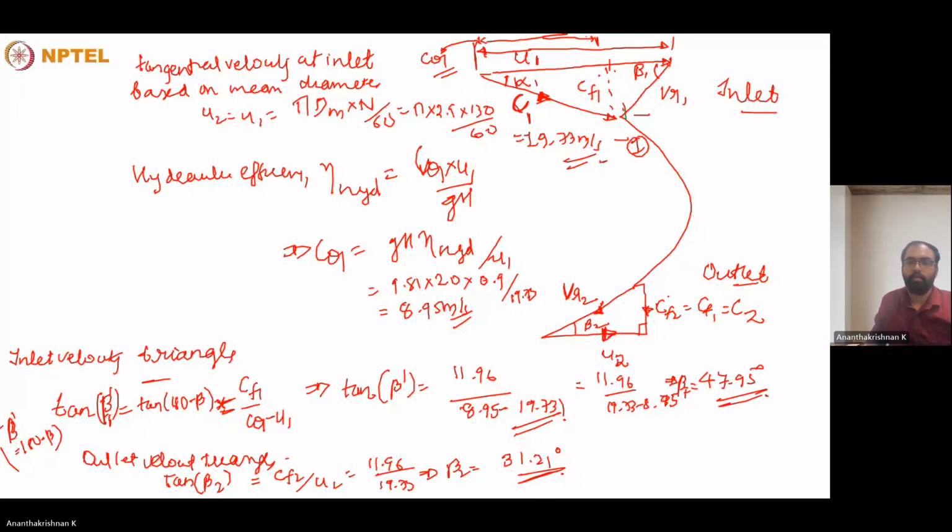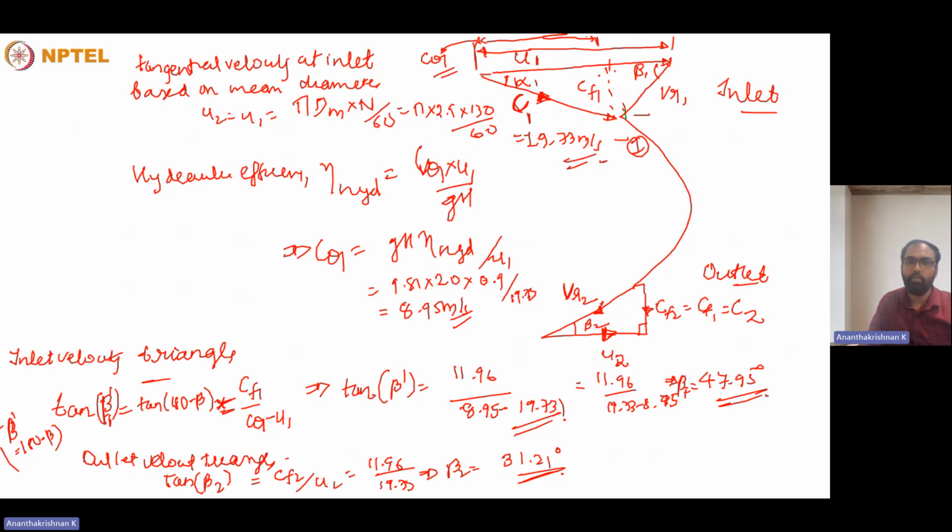So in this particular problem, this particular quantity is C theta 1, only this much.